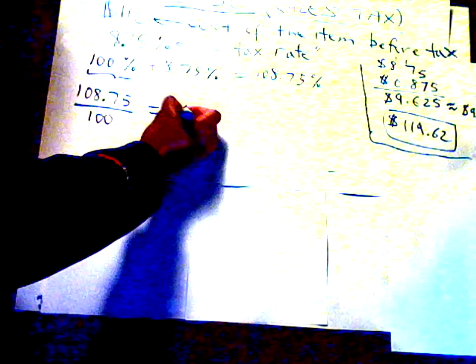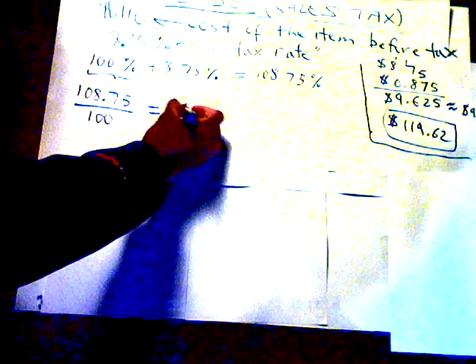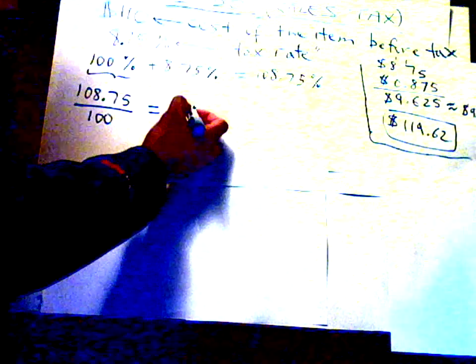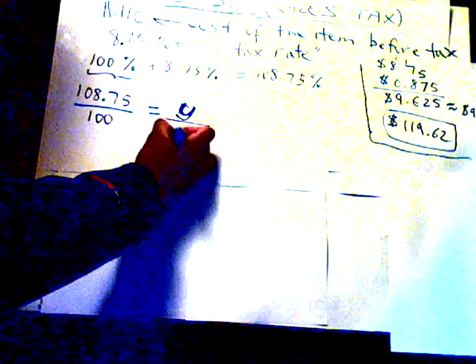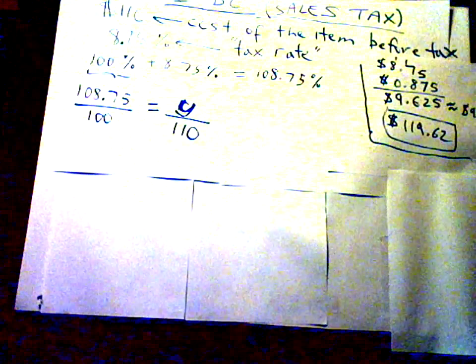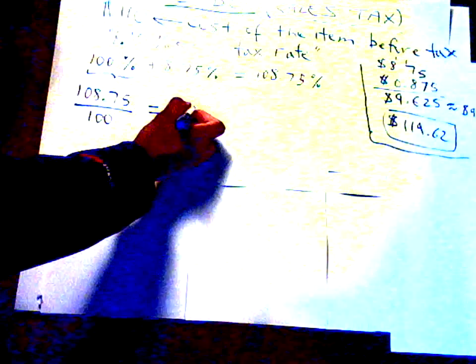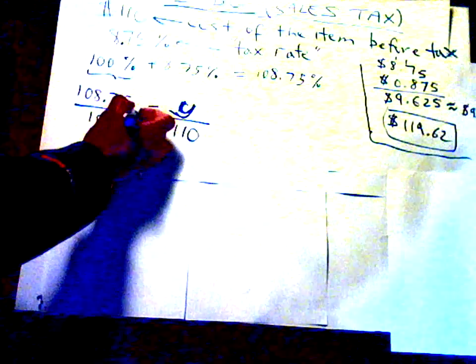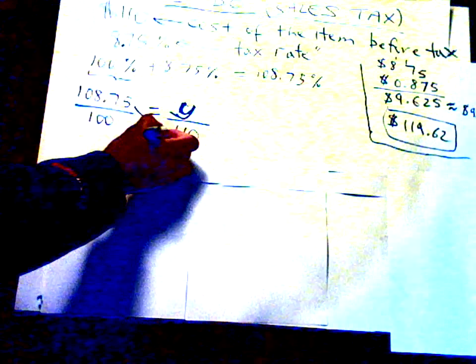I'm going to call that Y. Okay, so let me call that Y. The cost of the item, Y, over the original amount, right? The amount that you see on the price tag. Okay, so you can take cross products.